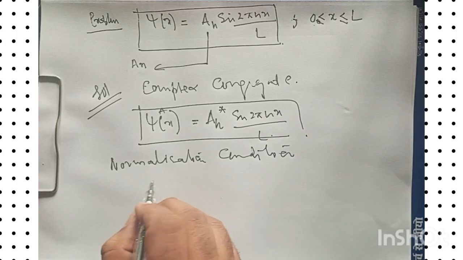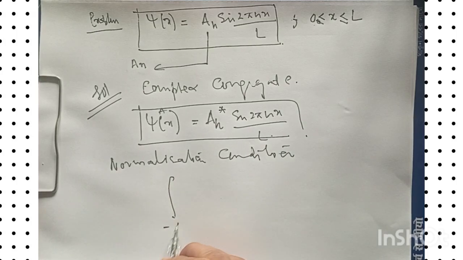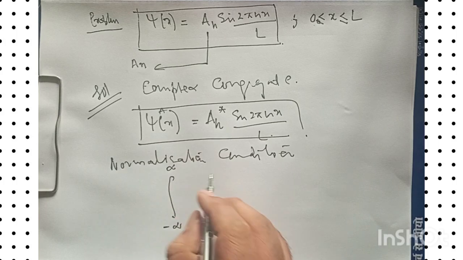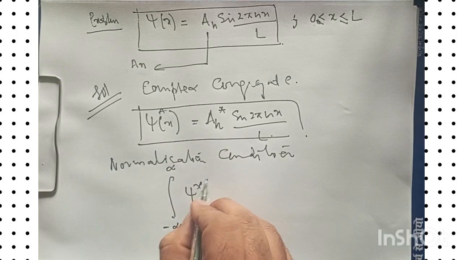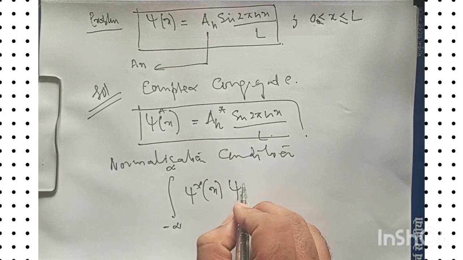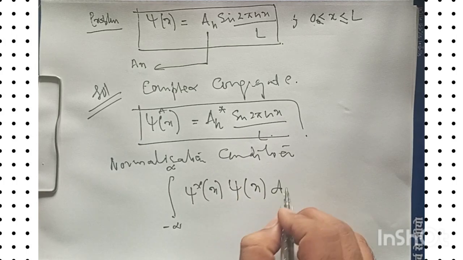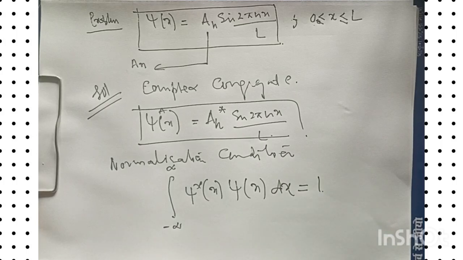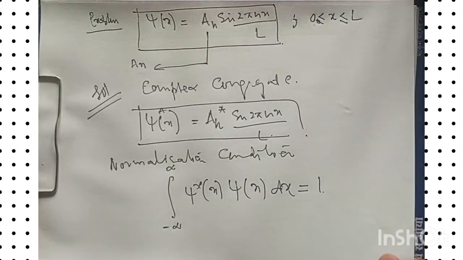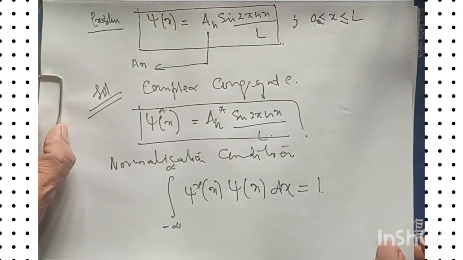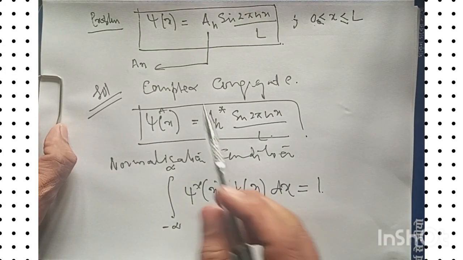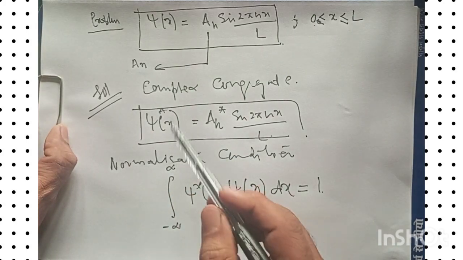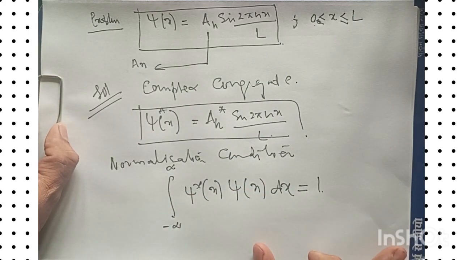Now, as we understand, normalization is from minus infinity to infinity, psi star of x, psi of x dx, and this whole thing should be equal to 1. Now let's use the value of the wave function psi of x and its complex conjugate in the integral.